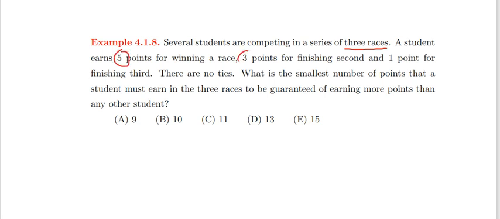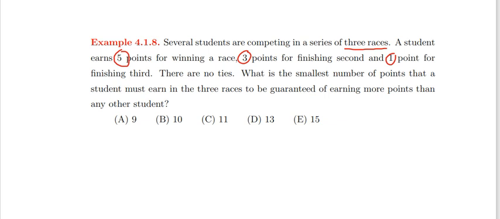Second one, 3 points. Third one, 1 point. And then other ones, 0 points, no points. So there are no ties, meaning only one can get 5 points, one can get 3 points, and one gets 1 point.